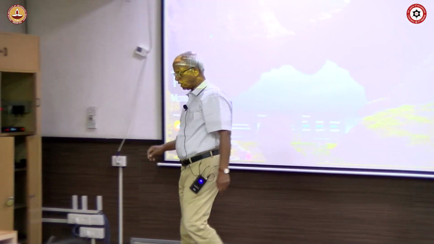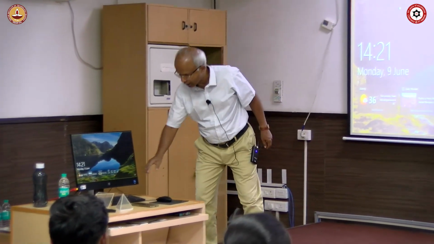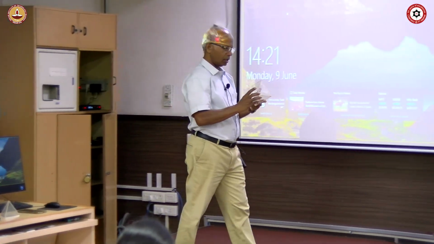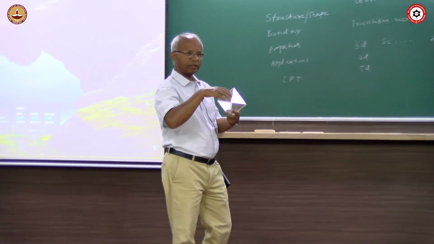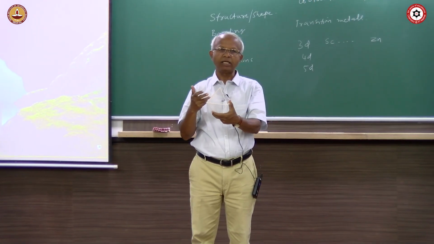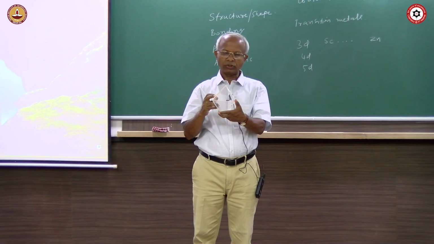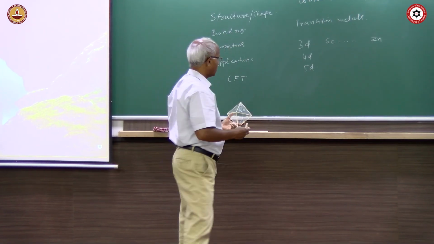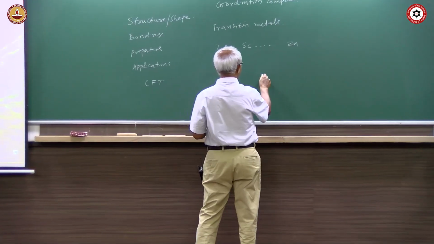I was talking about octahedral complexes, and I wanted to show you why it is called an octahedron. So this is the model. You see, it has 4 faces on the top and 4 faces at the bottom, and at the center you will have a metal. Each vertex will have a ligand, and that is what I was writing about manganese, for example.